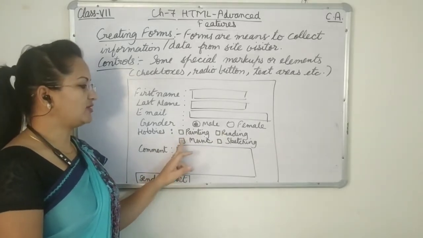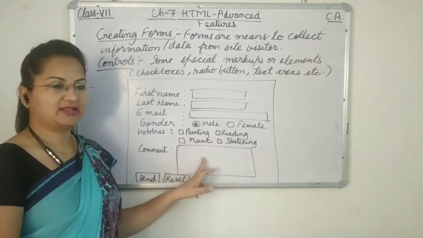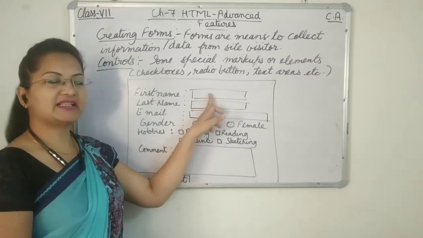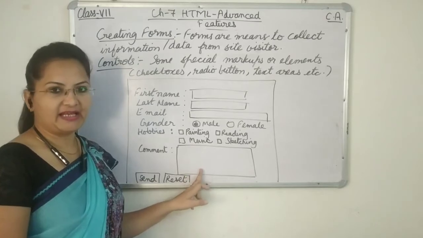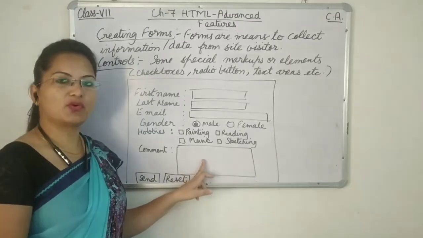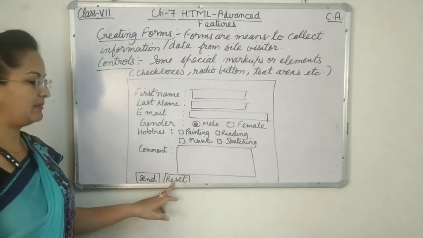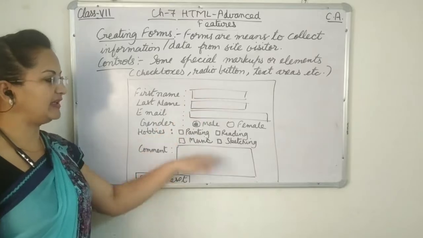So we can choose multiple checkboxes at a time. Then comment. A comment we can enter in a text area. Here the text field is a single-line field, and this is a multi-line area. In this we can enter more than one line of text. Now these are two buttons. The send button submits the form, and the reset button clears the fields.